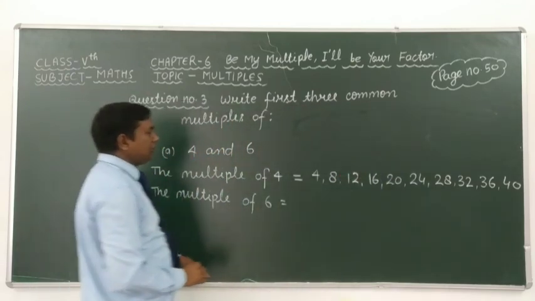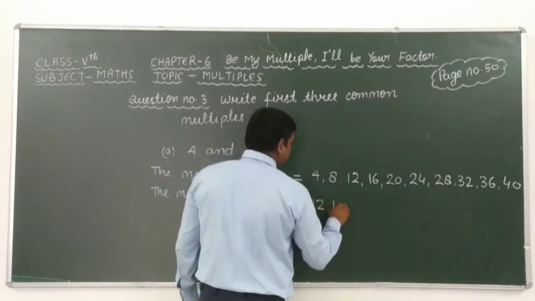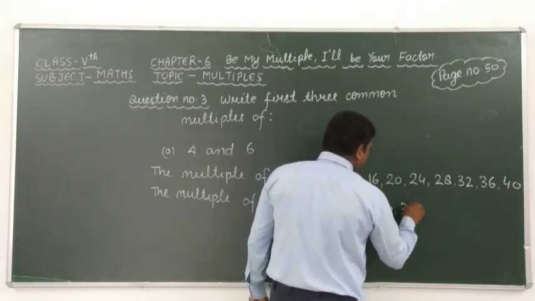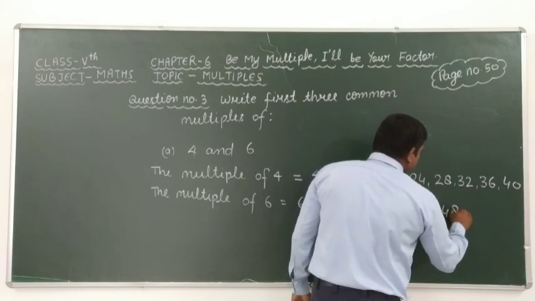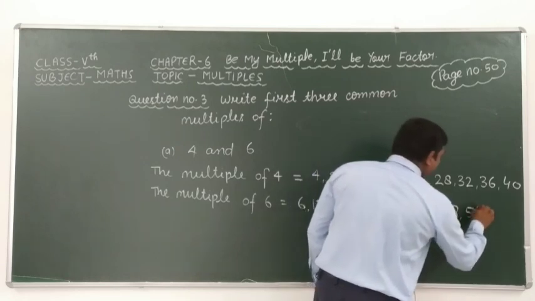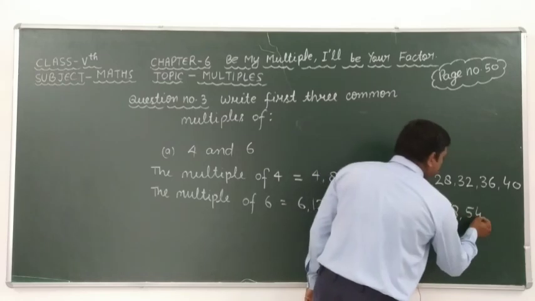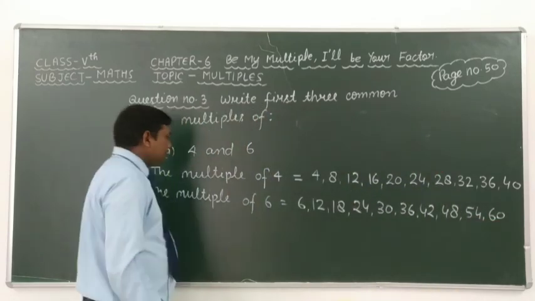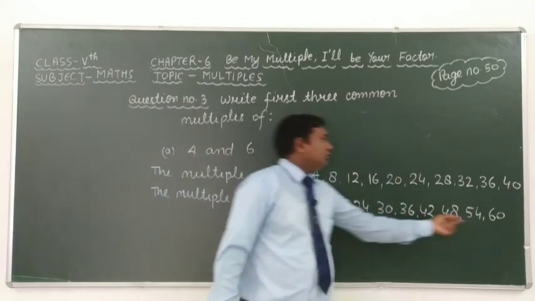The multiple of 6 is equal to 6 1 is 6, 6 2 is 12, 6 3 is 18, 6 4 is 24, 6 5 is 30, 6 6 is 36, 6 7 is 42, 6 8 is 48, 6 9 is 54 and 6 10 is 60.